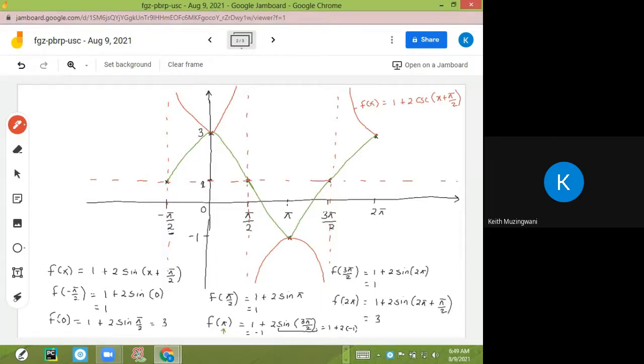Like here, this was sine 0, is it? Yes, sine 0 is 0. So when you are dealing with cosec, you know sine is in the denominator. So you'd get an undefined figure there. But on the other points, everything is just okay.